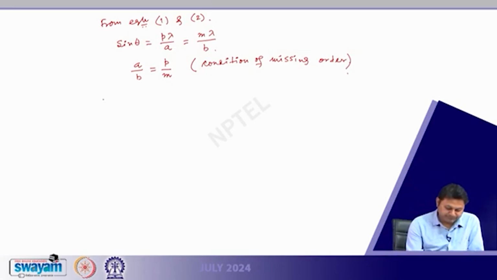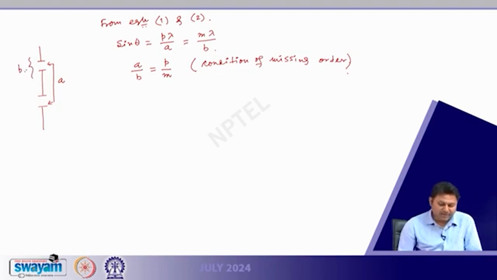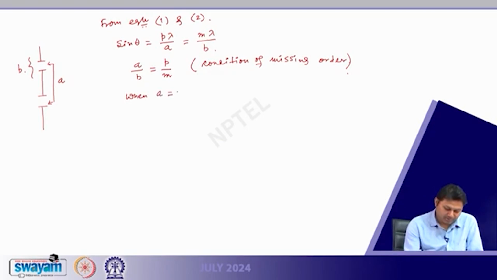That means when A is this, let me draw what is A. A is this and this is B. When A is for example 2 times B, then the A by B ratio is 2.